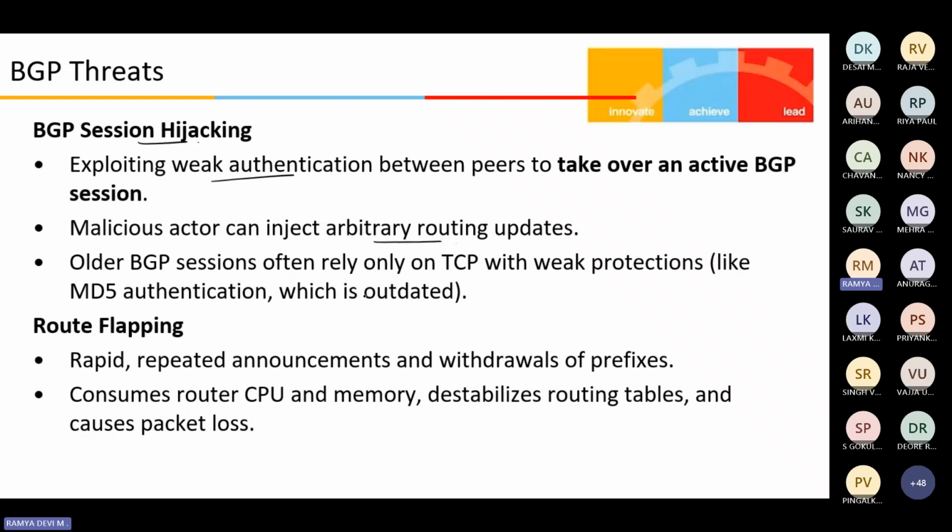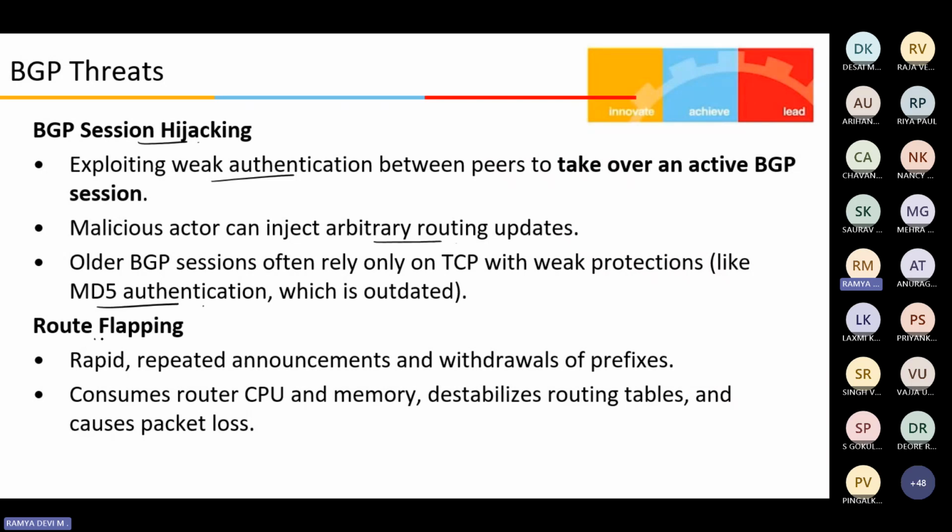Many legacy PGP sessions rely on TCP with weak or optional MD5, message digest 5 authentication, which is outdated and vulnerable. So unauthorized prefix advertisements will happen, and traffic redirection, manipulation and black holes will occur. Trust in inter-AS routing will be compromised through session hijacking.